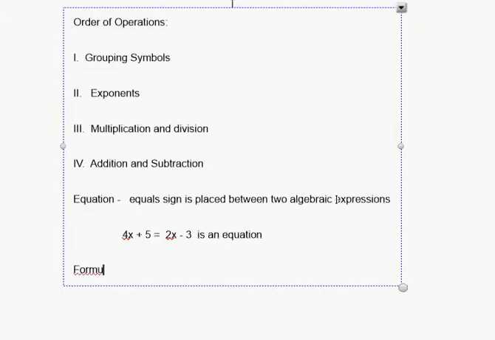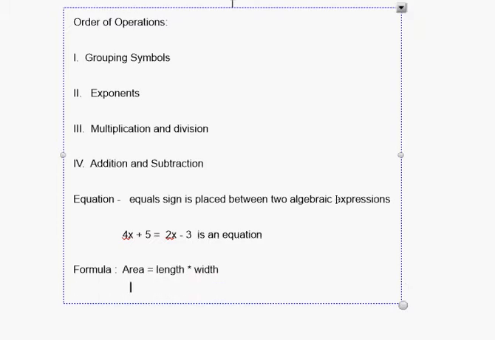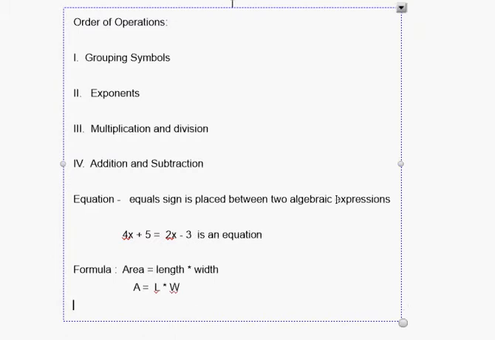Whereas a formula, such as area equals length times width, can also be written just using variables, area equals L times W, or A equals L times W. And we're talking about the formula for area of a rectangle.